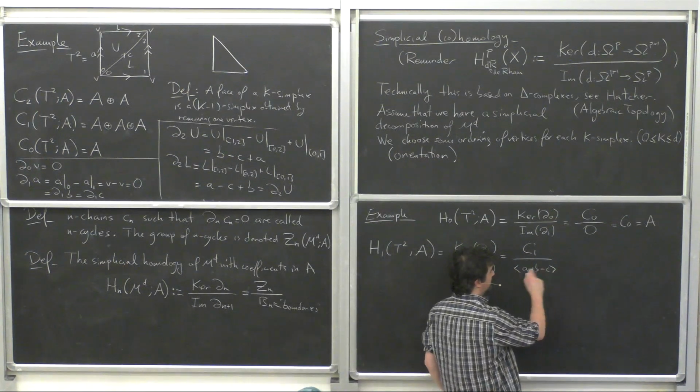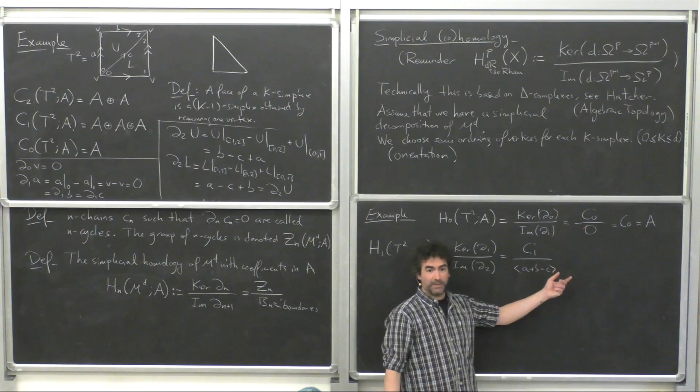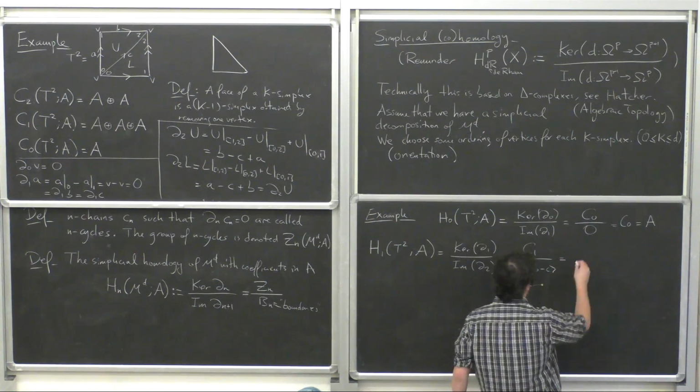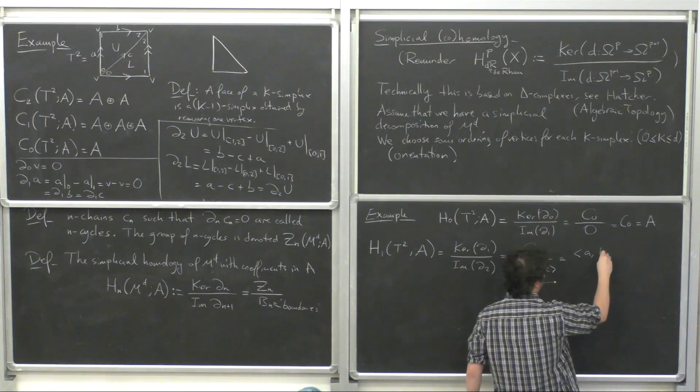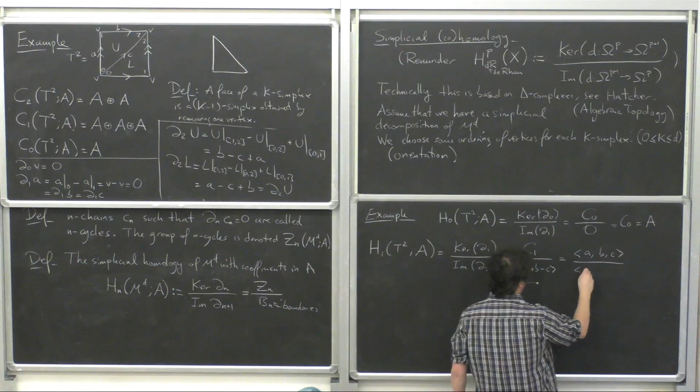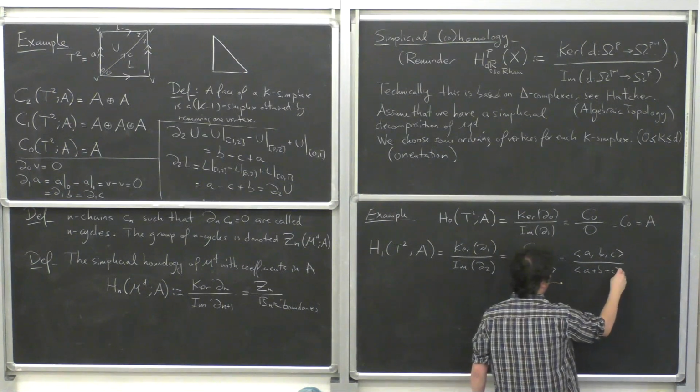I'm using this notation in brackets to mean subgroup generated by. So what's C1 in this notation? That will be A, B, C. I have 3 generators, and I'm quotienting by this.